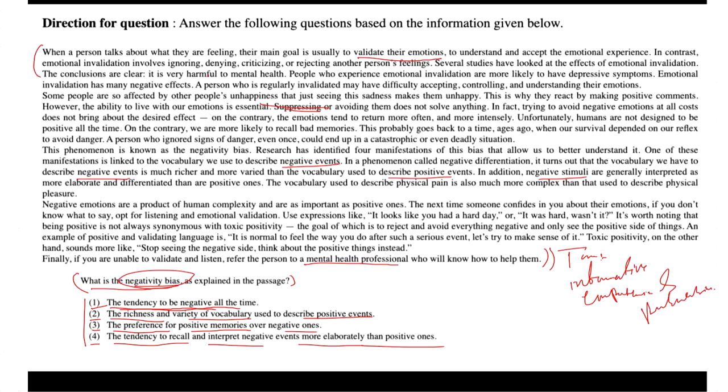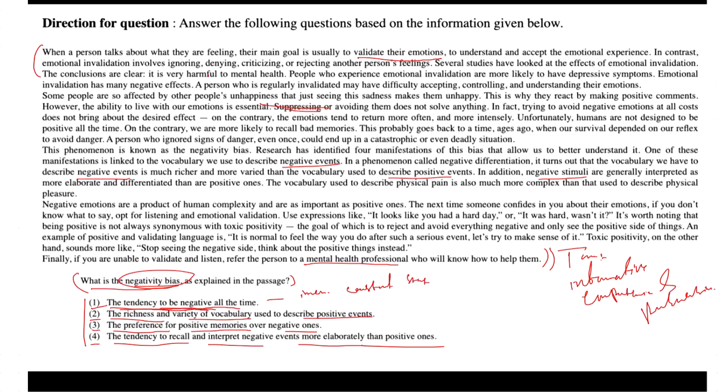Let's see. If you go to the first option, the tendency to be negative all the time will not be considered the correct one. It should be incorrect because negative bias doesn't suggest a constant state of being negative, but rather a tendency to emphasize negative events.